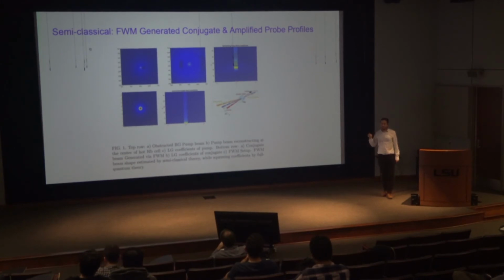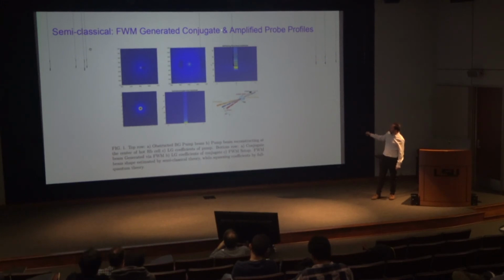These new LG parameters tell you how your generated conjugate and or generated probe beam looks like. So for example, this is one of the preliminary results. Let's say I have this BG beam. I obstruct it to the right of your propagation axis, and as it travels, it healed itself, even though it offloaded its problems to the side.